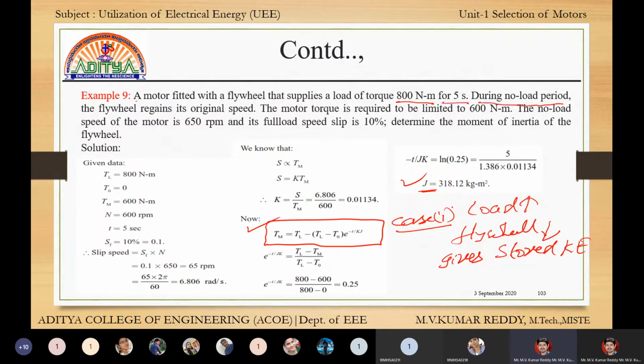During no load period, the flywheel regains its original speed. The motor torque is required to be limited to 600 Newton meter. The no load speed of the motor is 650 RPM, and its full load slip is 10%. Determine the moment of inertia of the flywheel.